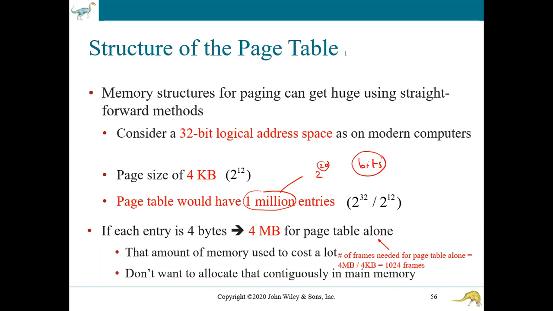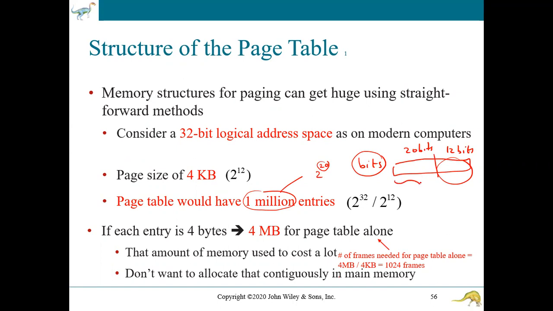So the 20 bits, and this is 12 bits, totally 32 bits. This is the offset that represents 4 kilobyte.